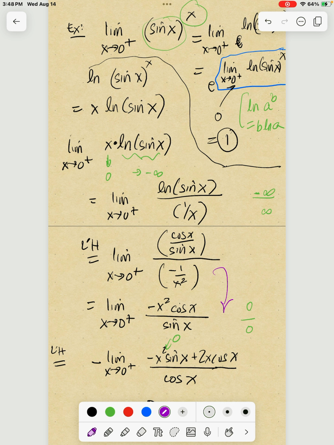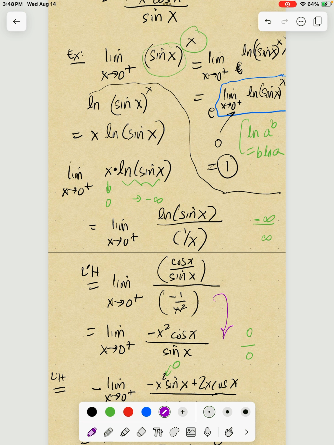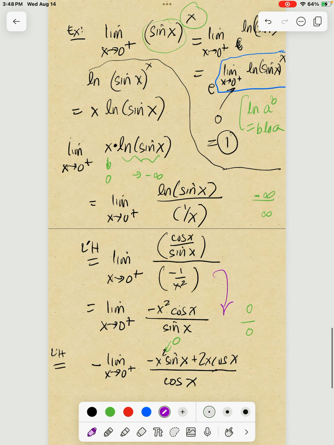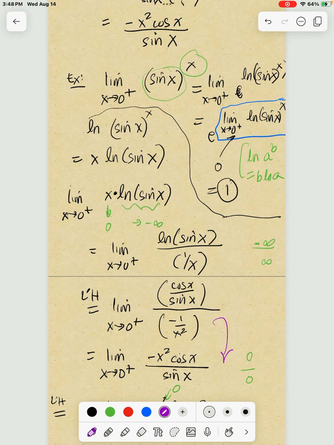You wouldn't be able to do this problem. It's embedded in a problem, like one question. The algebra is one step. You also need to use some natural log facts to get from here to here. You need to use a property of natural log. So this is a typical L'Hopital's rule question, and you need algebra to be able to solve it.